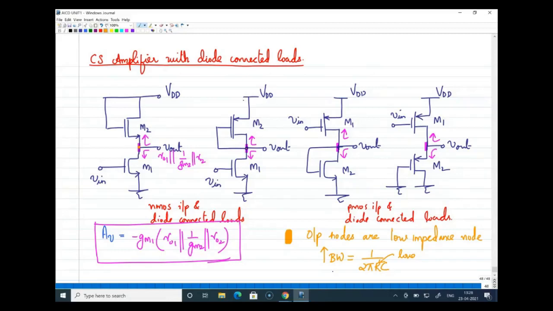So another observation is bandwidth is more. What we have done is we have seen all four variants of the CMOS CS amplifier with diode connected load and made two observations. One is all four circuits have the same gain, but the output impedance is low, and since output impedance is low, bandwidth will be more.